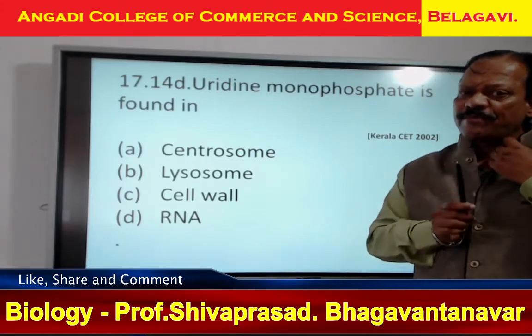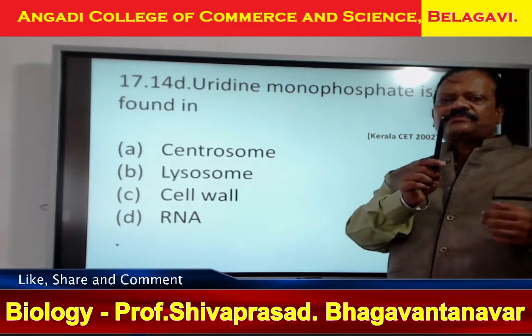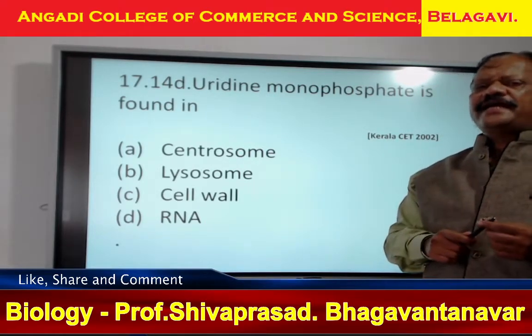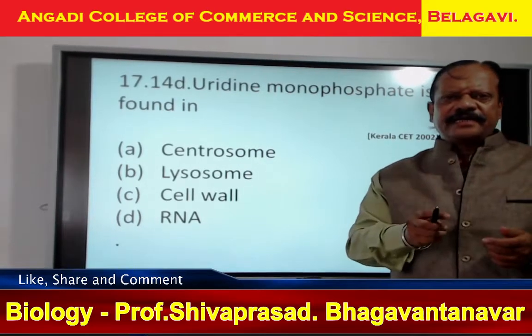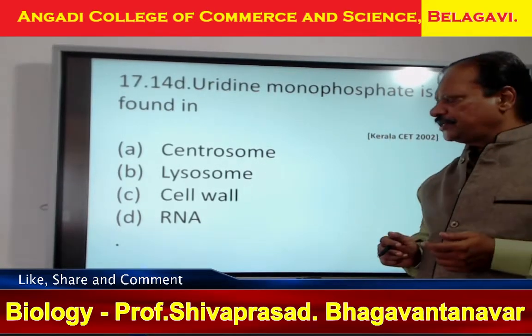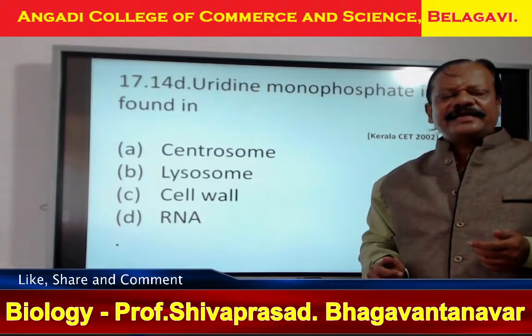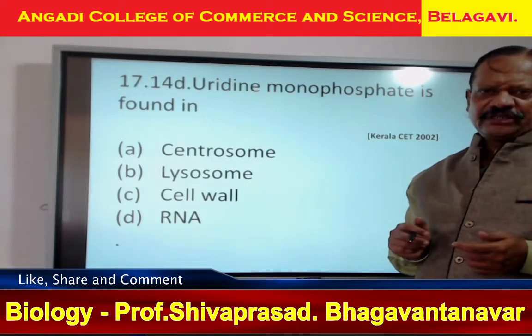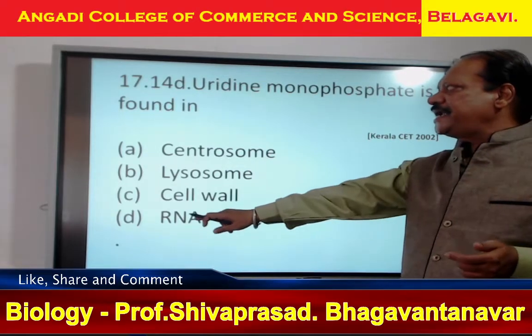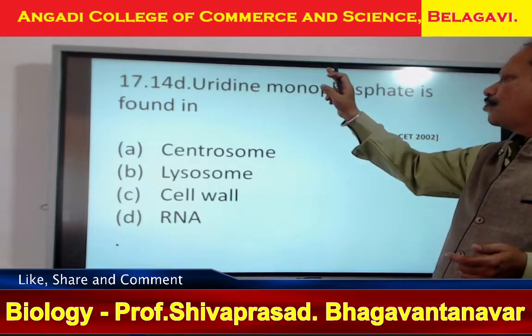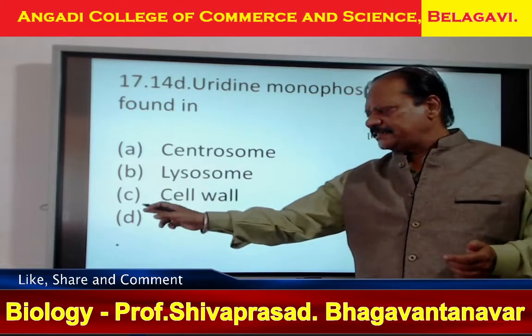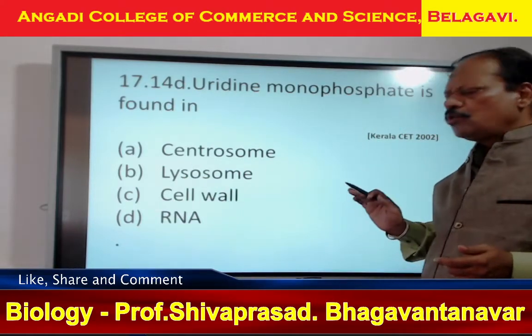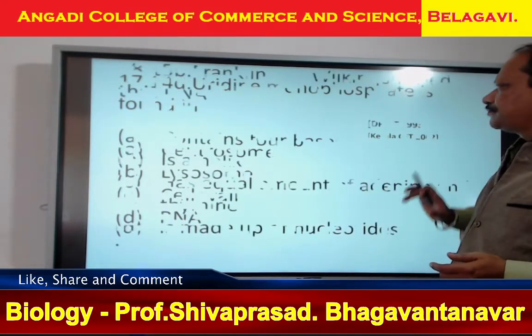I told you people, in the combination of DNA and RNA, DNA contains the ATGC combination. RNA contains the AGUC combination. So in this way, RNA contains uridine monophosphate. So the right answer is option D. We'll move to the next question.